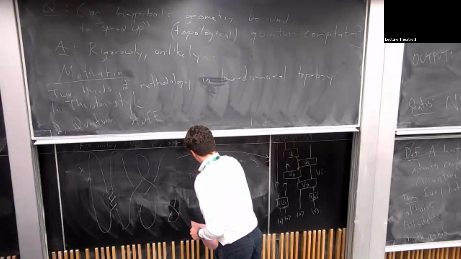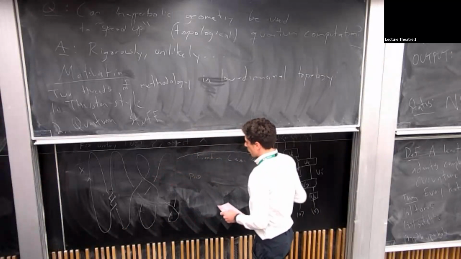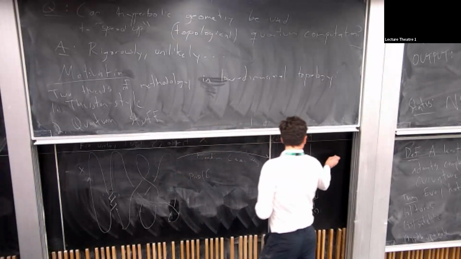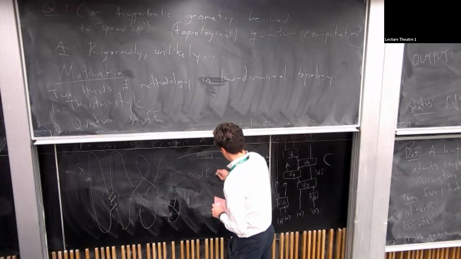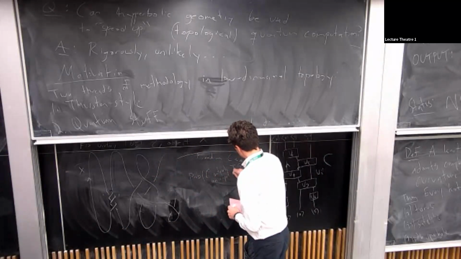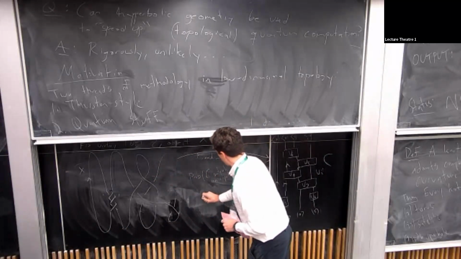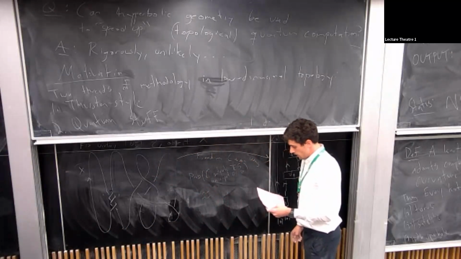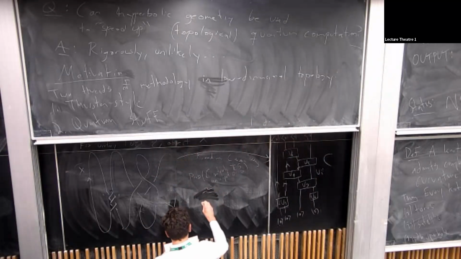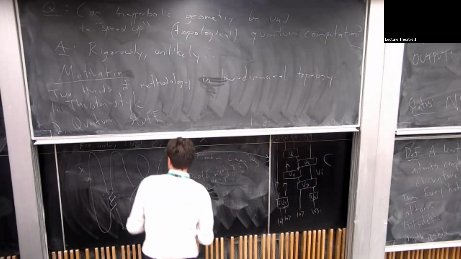So what they said was that you can convert this to a circuit, which I call C, so that the probability that C outputs yes on input 0 is approximately equal to the value of this diagram's invariant.